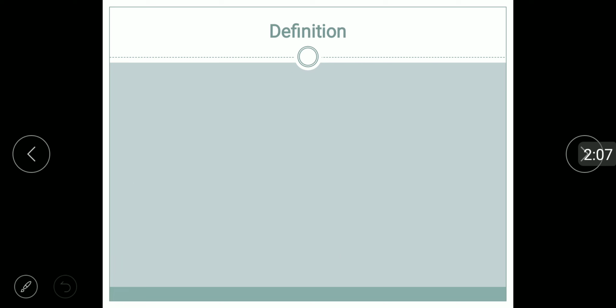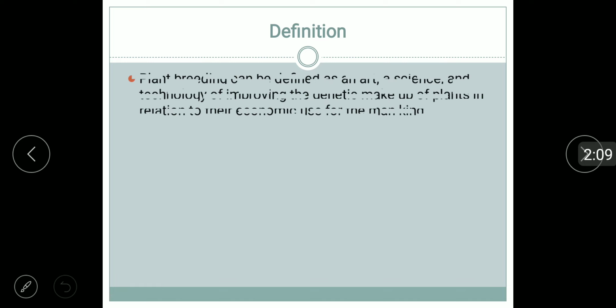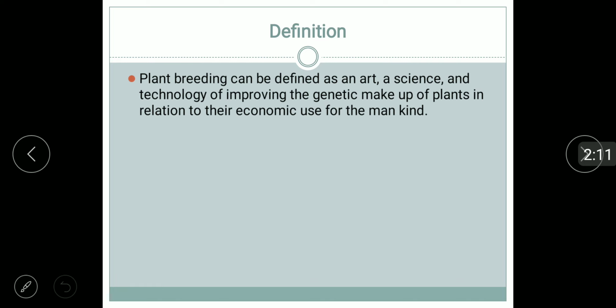Coming to the definition of plant breeding. Plant breeding can be defined as an art, a science and technology of improving the genetic makeup of plants in relation to the economic use of mankind. As I said, the art can be done by any person, and it's a science.